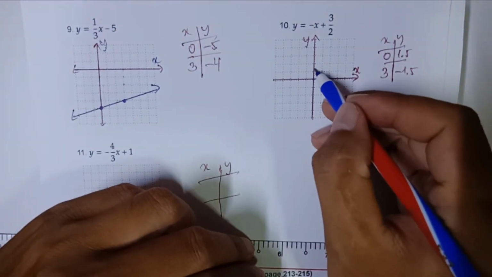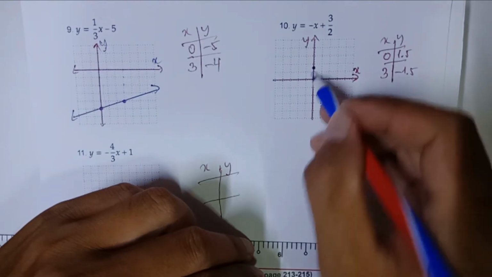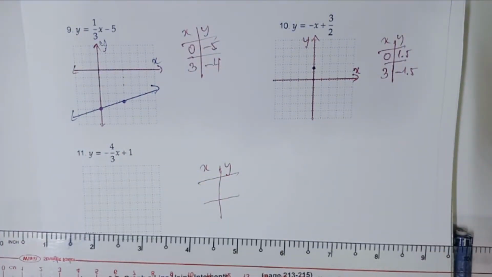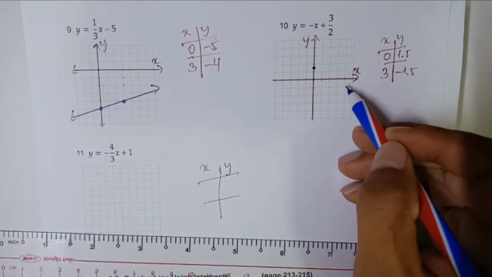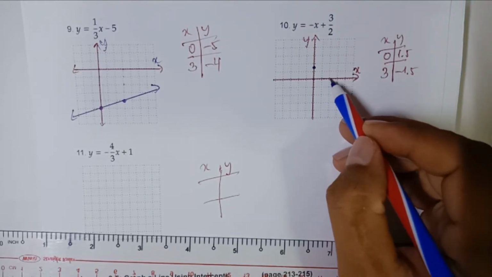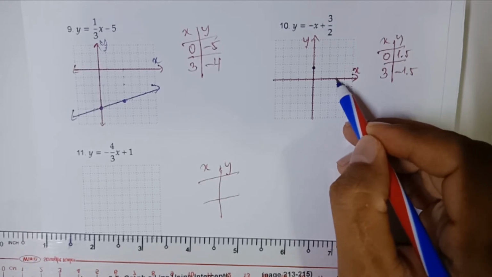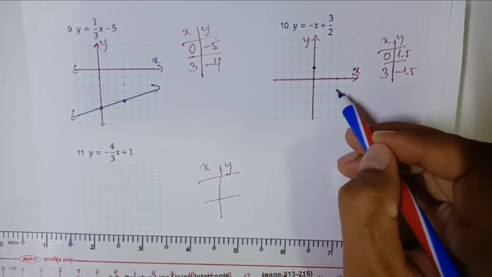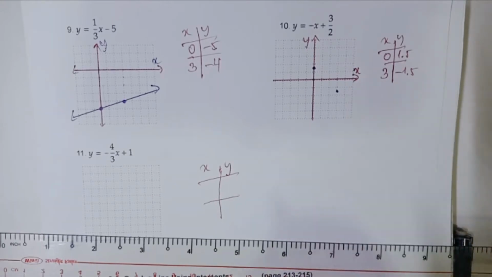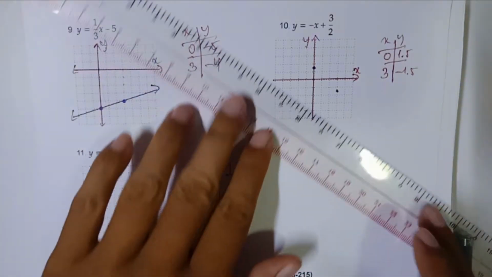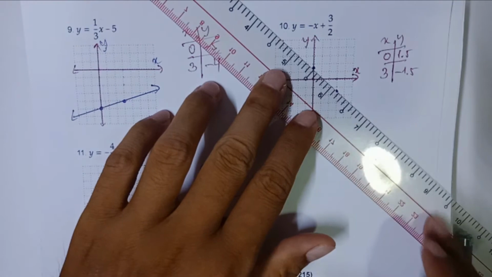So 0, 1, 1.5. When your x is 3, 1, 2, 3, your y is -1.5, so -1.5 right here. And then you draw the line.